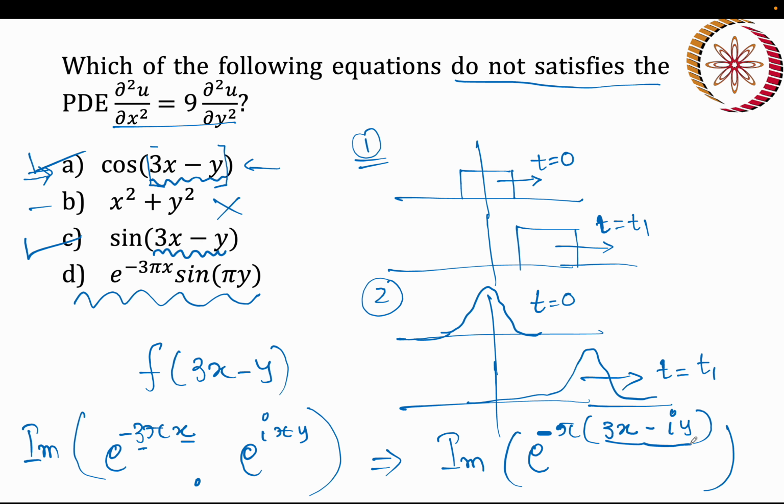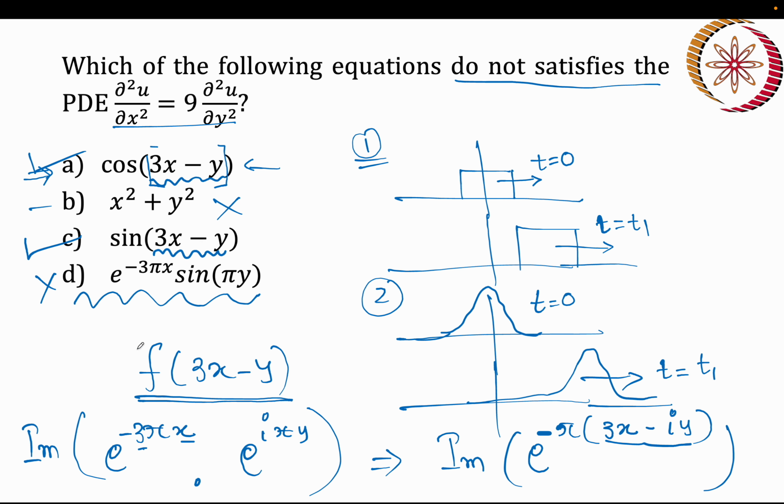So you can see that the term has been modified. Instead of 3x minus y, it has 3x minus iy. So you can expect that this will not work, and it doesn't work. If the function has the form 3x minus y, it will work, or 3x plus y, you can try that.